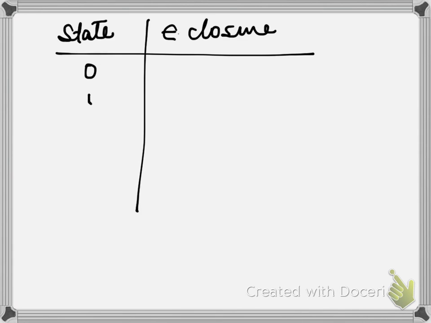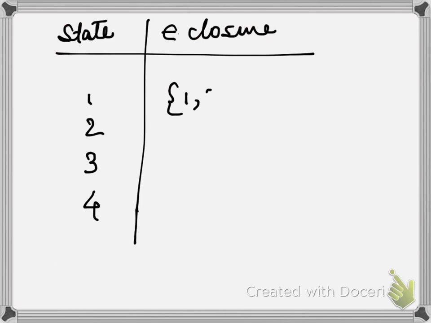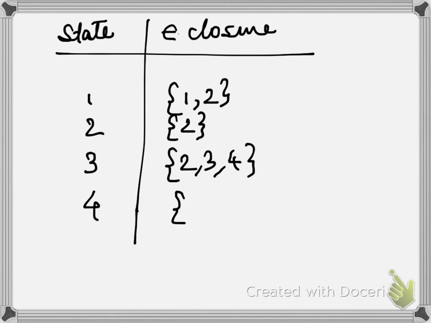For 1 it was {1, 2}. For 2 it was 2 itself. For 3 it was {2, 3, 4}. And for 4 it was {1, 4}. So these are the epsilon closures of the states.